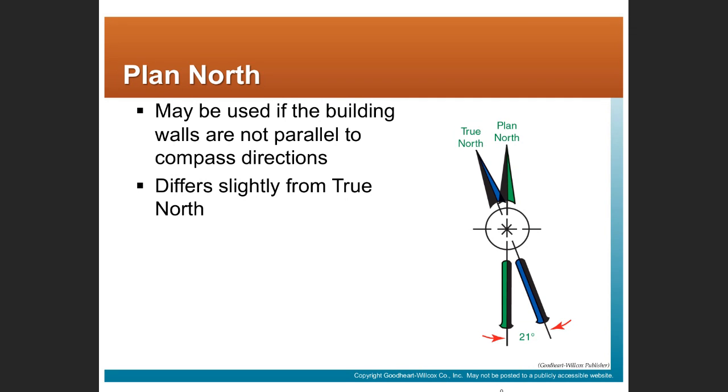In a case where there's a plan north, you would show north elevation, east, west, south elevations, etc. And they would be the plan elevations as opposed to the true elevations because what's called, in this case, the east elevation may actually be facing southeast. But the plan north makes it easier for us to do things like distinguish the different elevations on the plan.